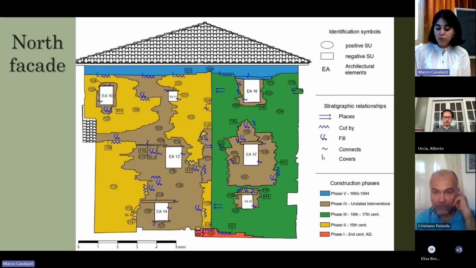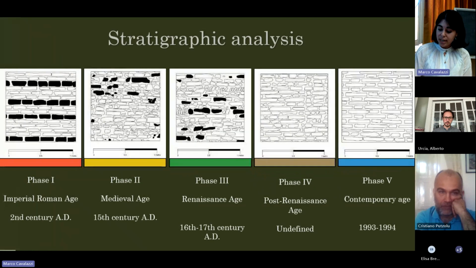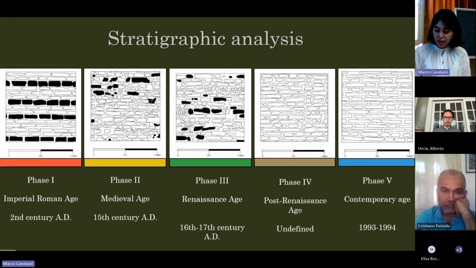Orthophotos obtained from a photogrammetric survey were used as a graphical basis, and the different stratigraphic relationships were noted using predetermined symbology. This process establishes stratigraphic elevations of the four external elevations of the unit. In addition, a preliminary absolute chronological sequence was proposed, divided into 5 construction phases.